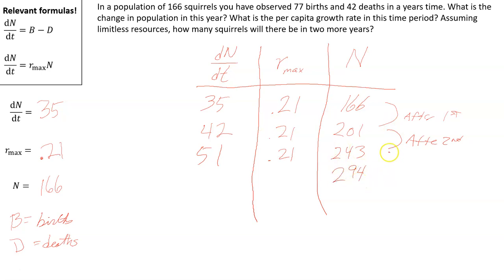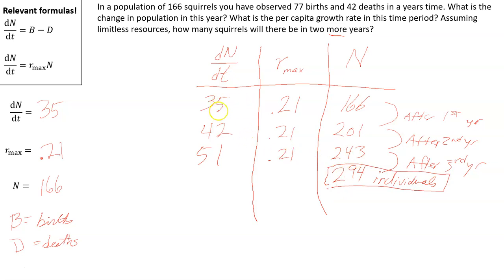This is really all the information you need, because we are looking for after the third year. First year, second year, and third year. It says 2 more years, right? So after the third year, we should have, all things being equal, 294 individuals in this squirrel population if it is growing exponentially.